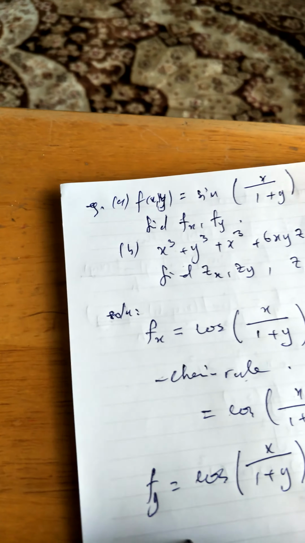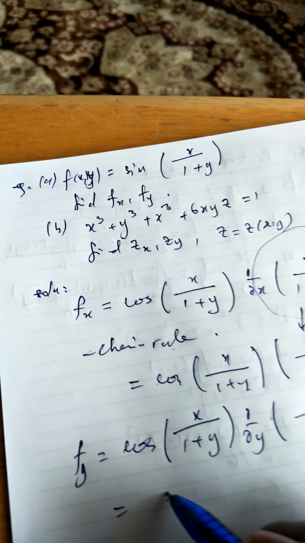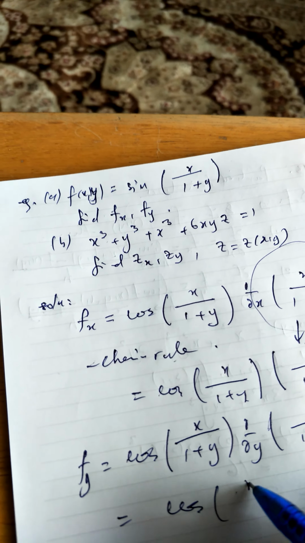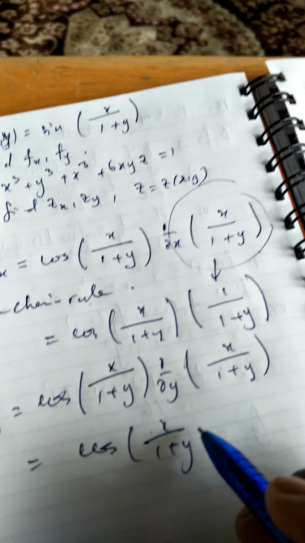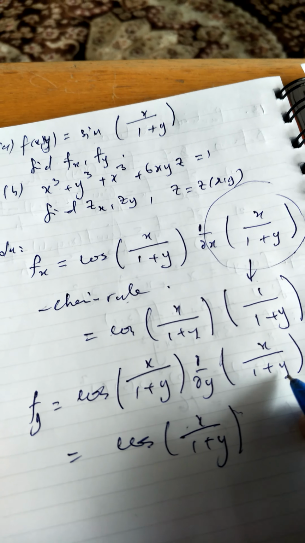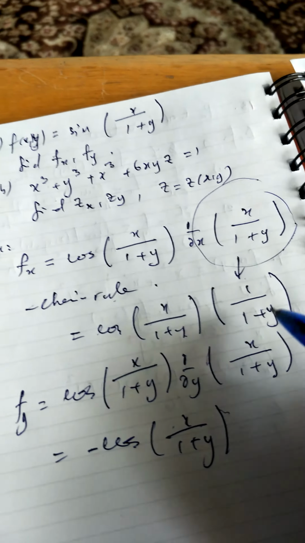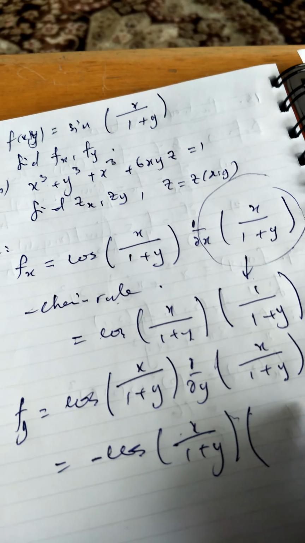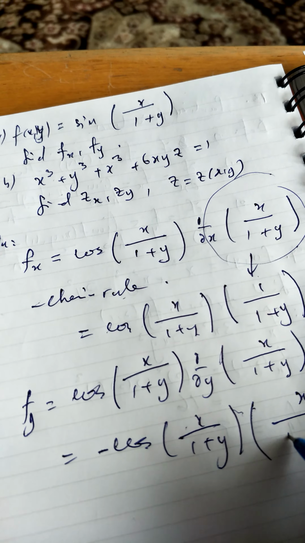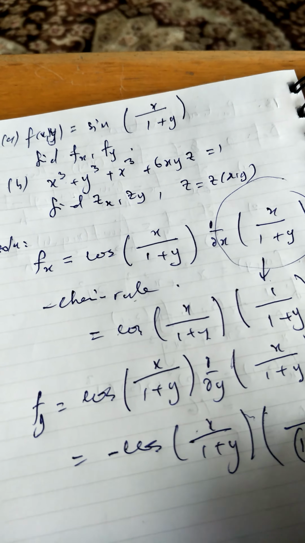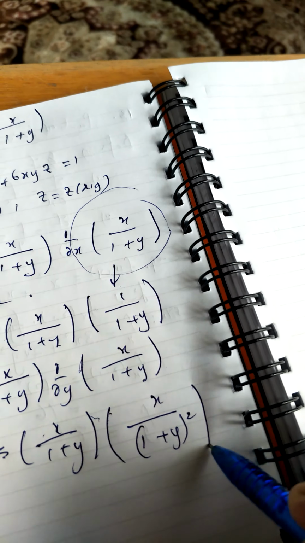So that gives you cos of x over 1 plus y. Differentiate that, we get negative x over 1 plus y, then squared.